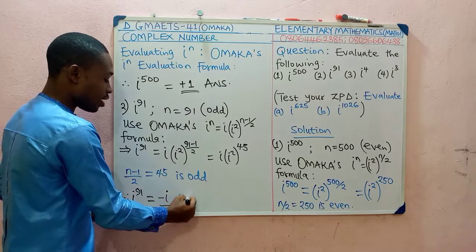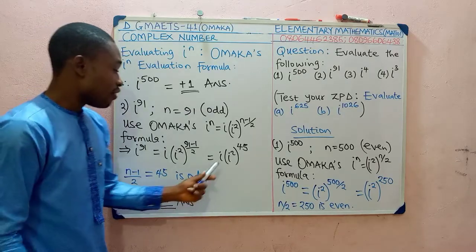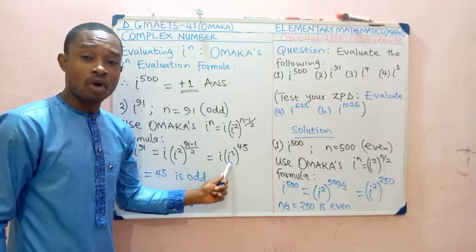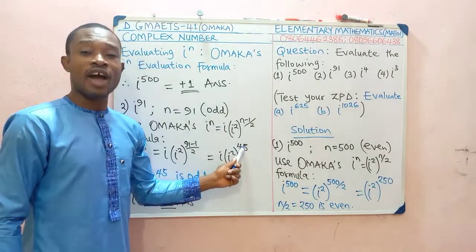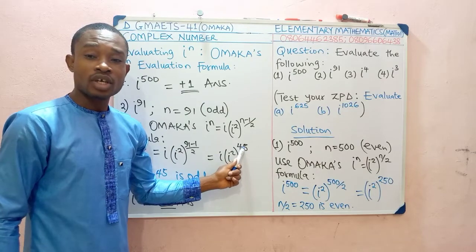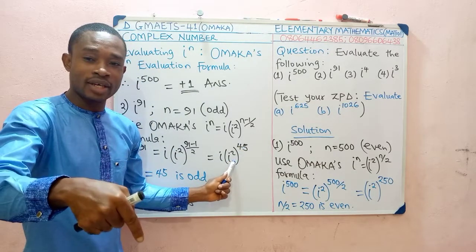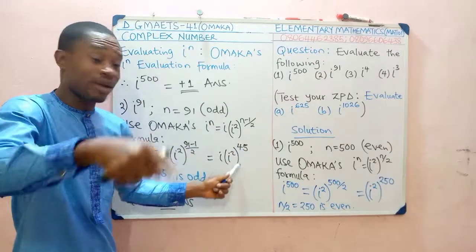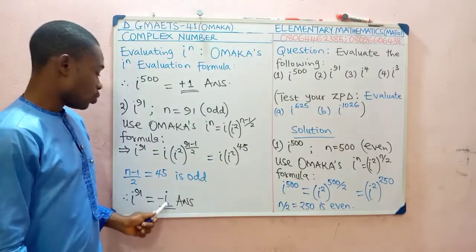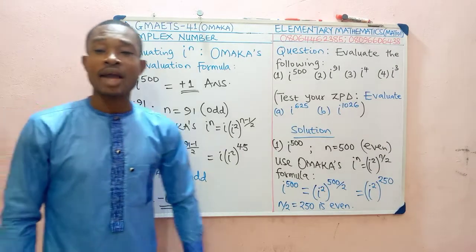Once again, you can find out, all you need to do here is this. Fix in minus 1 for i squared. Minus 1 raised to power 45. 45 is an odd power, so you still get minus 1 as a result. That minus 1 from i squared raised to power 45, you get minus 1 times i will give you what? Minus i.